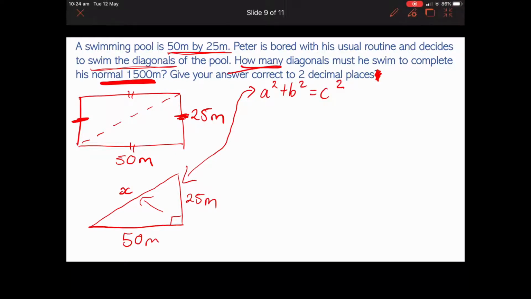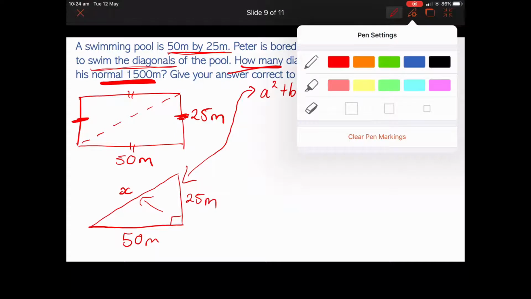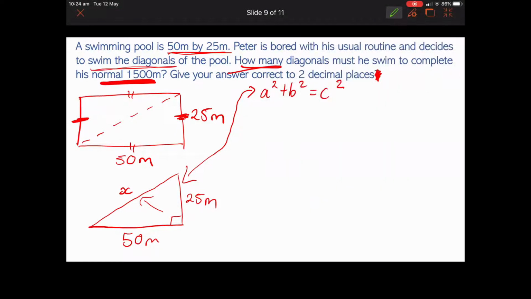Now I'm going to go ahead and label these a, b, c. So 50 squared plus 25 squared equals x squared. So 50 squared plus 25 squared gives me 3,125.